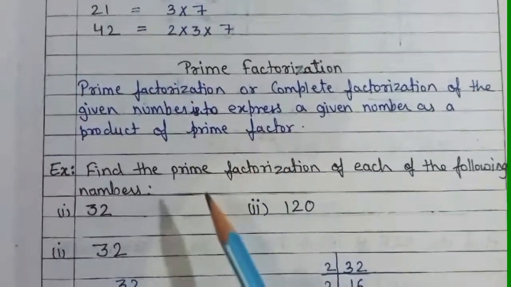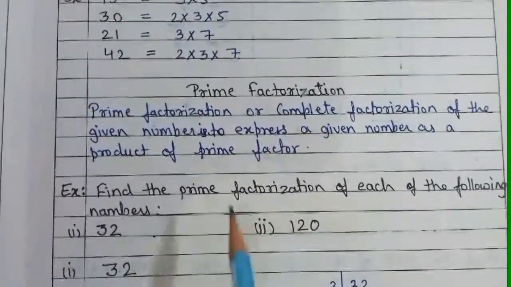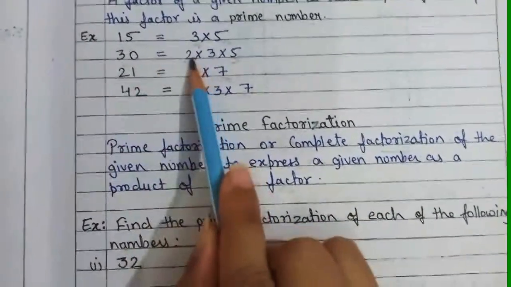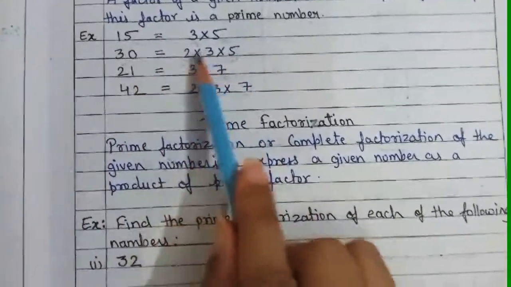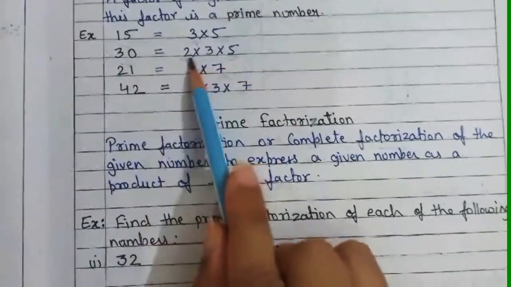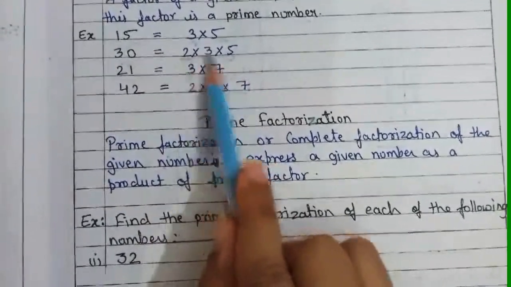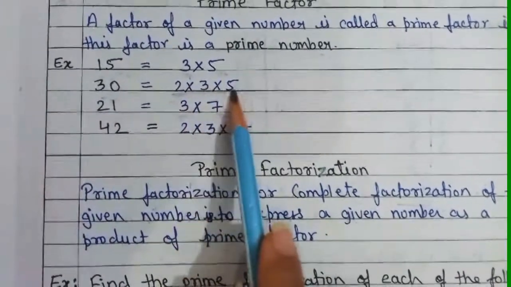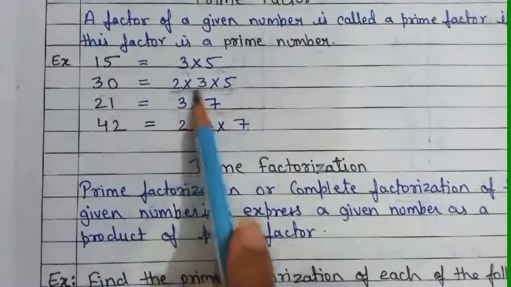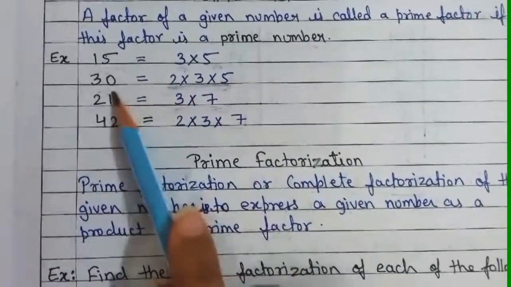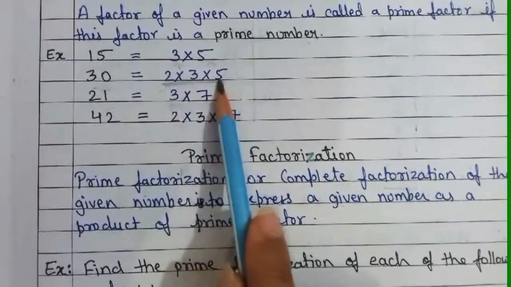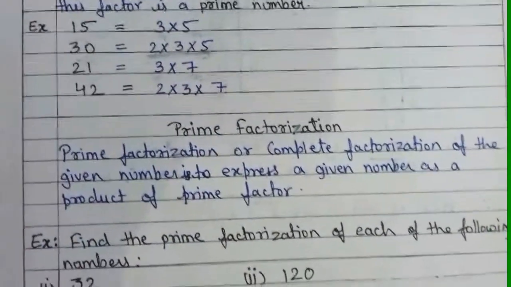When we express a number as the product of prime factors, like 30, here we express the number as the product of prime numbers. Product of prime numbers means 2 into 3 into 5. All are prime numbers and we express 30 as the product of prime numbers. This is known as prime factorization.